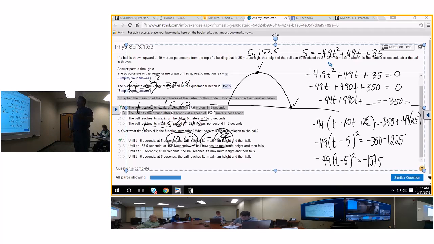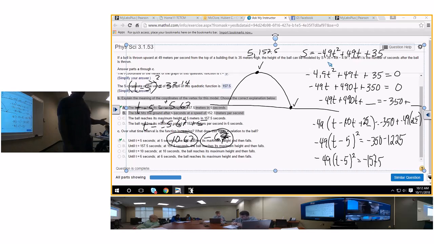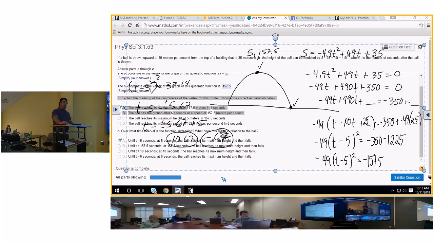Now, if you wanted to do this with a calculator, punch it in the calculator and go to your trace feature. I'm going to do that just in case anybody is a little bit rusty. I hope I can work the calculator better. I really suck at the calculator.